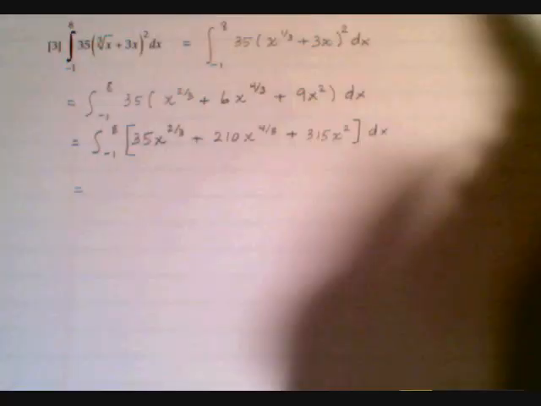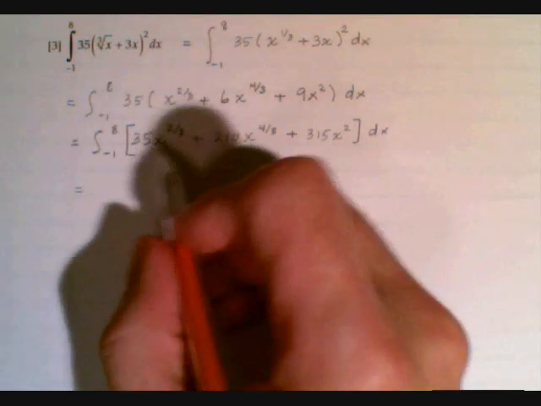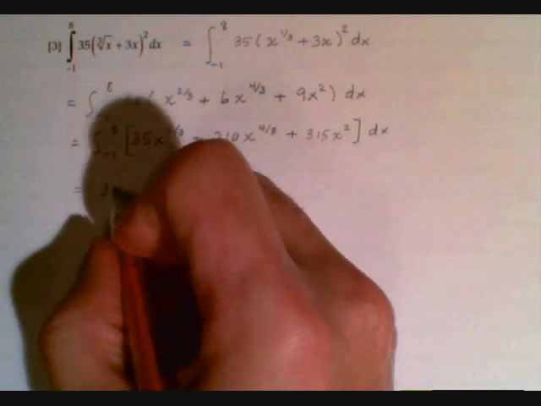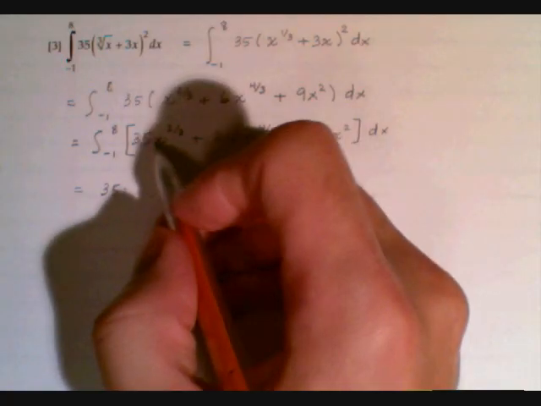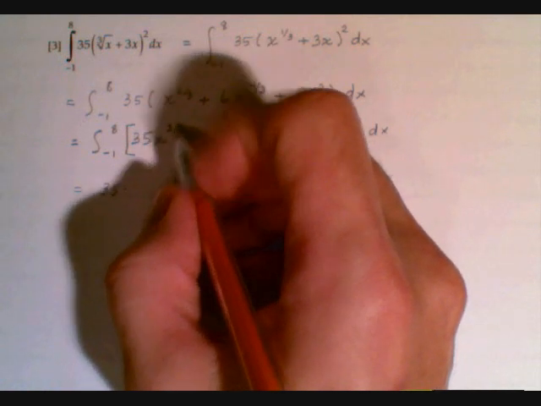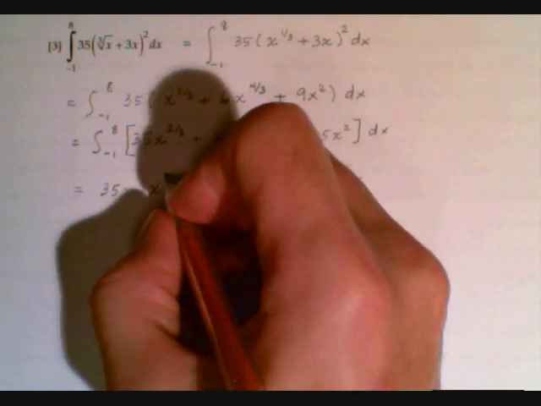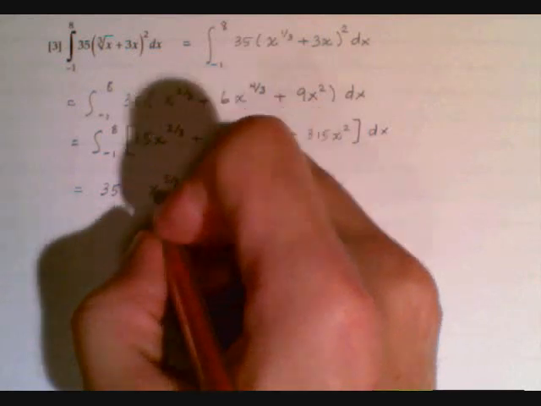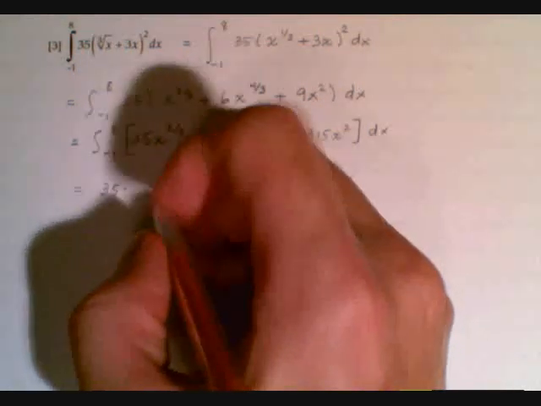Now, let's anti-differentiate this. Starting with the first term, I've got 35 times, using the power rule for antiderivatives here, x to the 5/3 divided by 5/3. Well, dividing by 5/3 is the same thing as multiplying by 3/5.